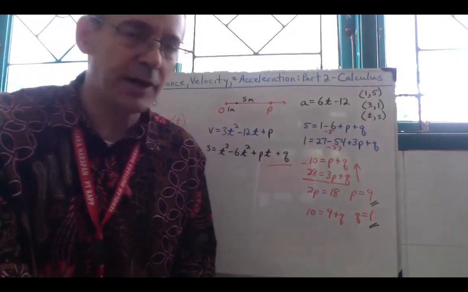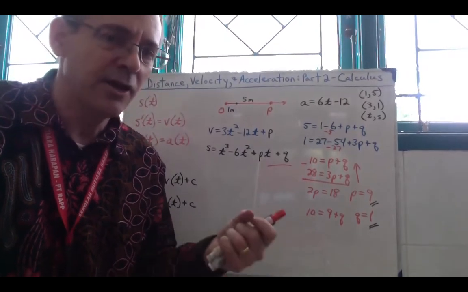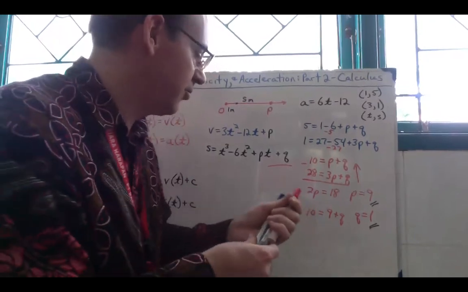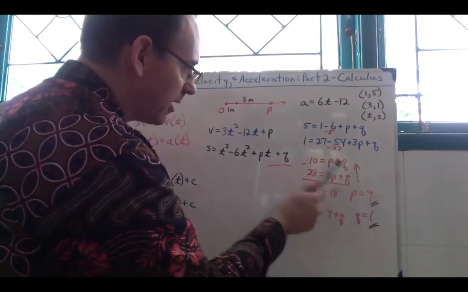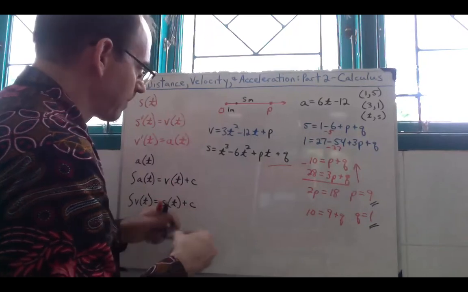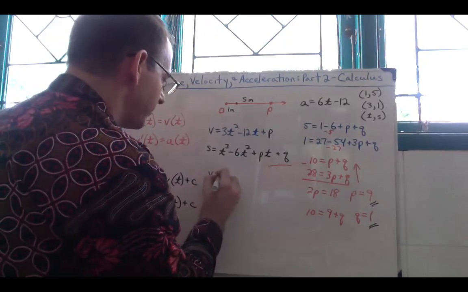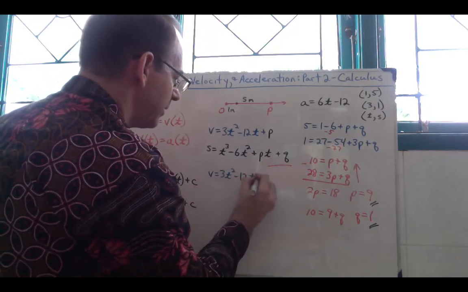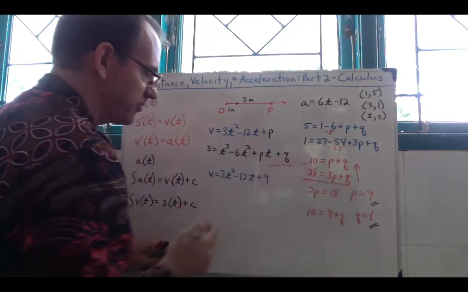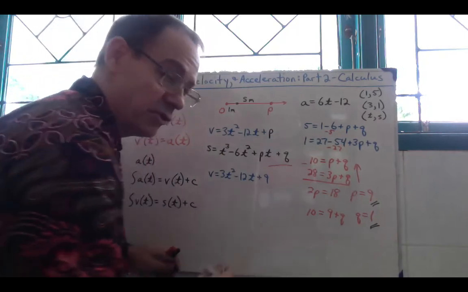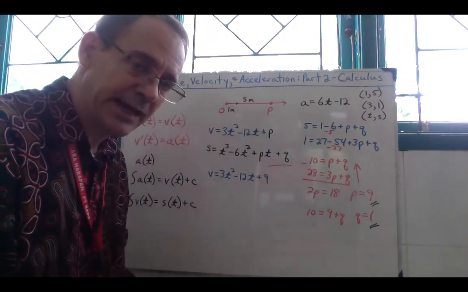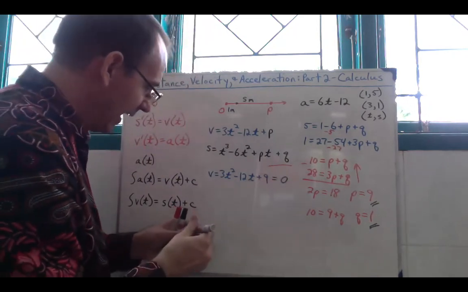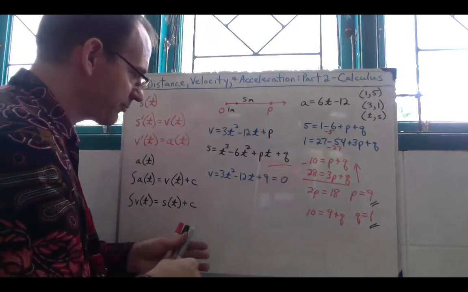Now, the second part of the question asks for when the velocity is at rest. So we're going to plug our p back in here. So our velocity is 3t squared minus 12t plus 9. And when you are solving for it being at rest, that means the velocity is 0. And if you notice, they're all divisible by 3.